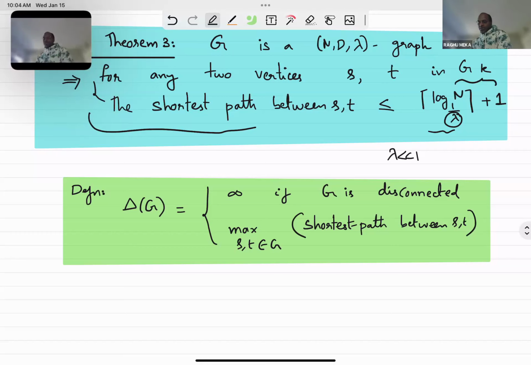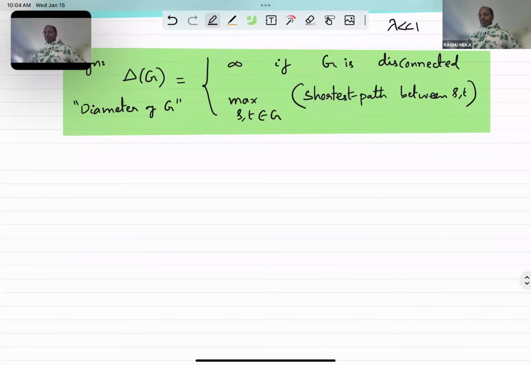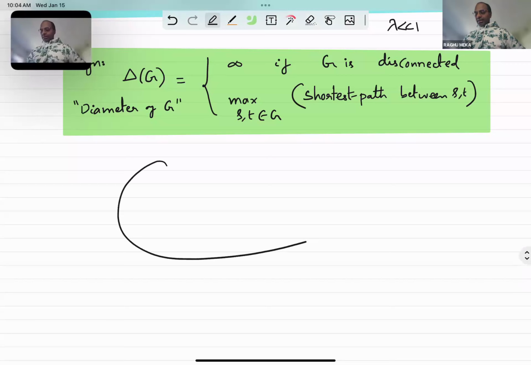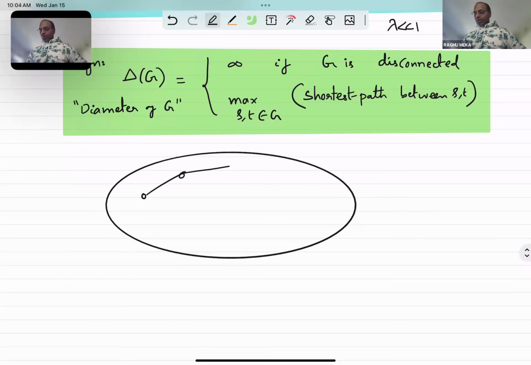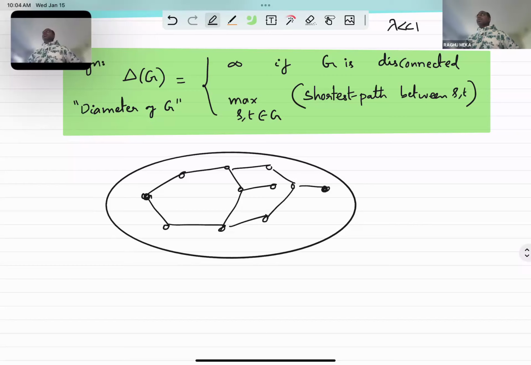So delta of G is the diameter of graph G. Okay, so if the graph is disconnected, then it is defined to be infinity. But if the graph is connected, then it measures, among all the vertices that you have, which two are furthest apart. Okay, like here and here, maybe these two are the vertices where the shortest path between them is longest. Okay, it's the length of the longest, shortest path between any two vertices.